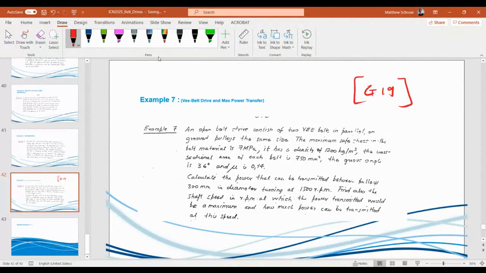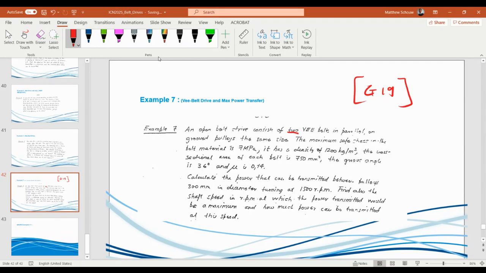Now we have 2 V-belts in parallel. So what it means essentially is you're going to work per belt, and then you have to multiply by the exact amount. So go to this page, attempt this problem without looking at the solution.